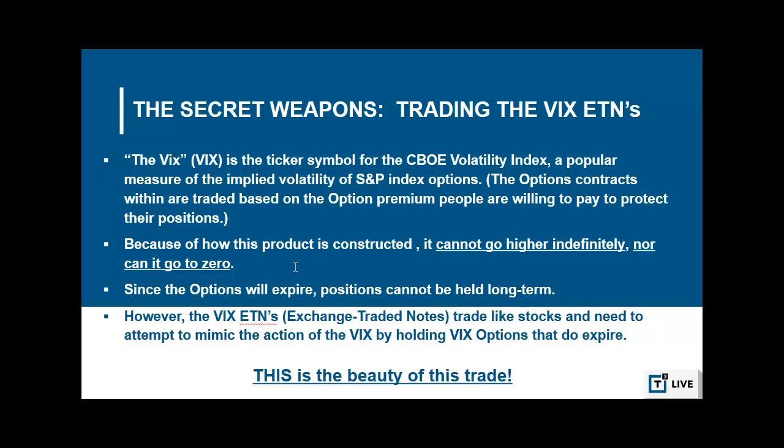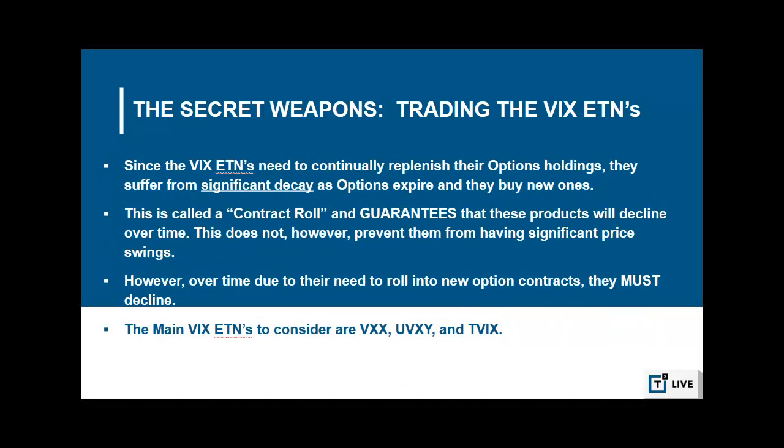However, the VIX ETNs, where ETN stands for exchange traded note, trade like stocks and need to attempt to mimic the action of the VIX by holding VIX options that do expire. This is the beauty of this trade. They have to move the contracts, and this is why we're going to see the effect that we do.